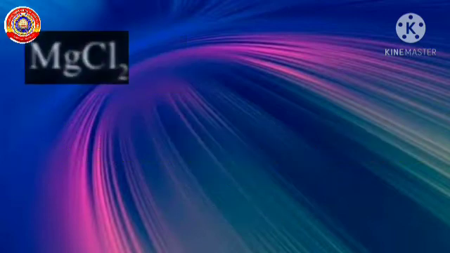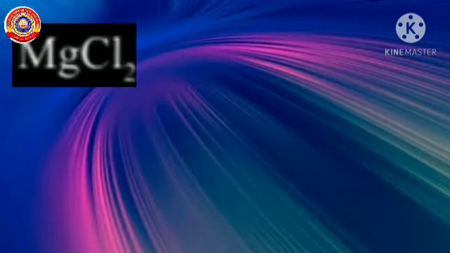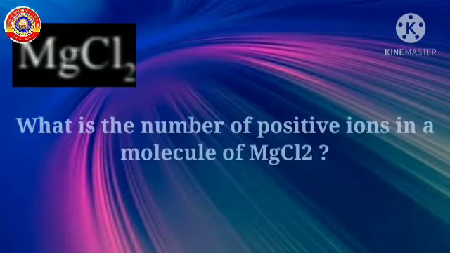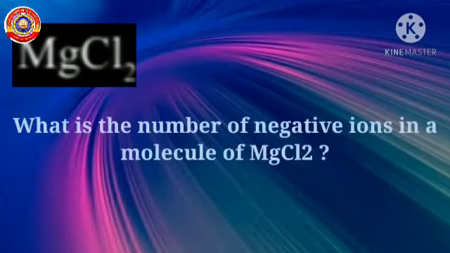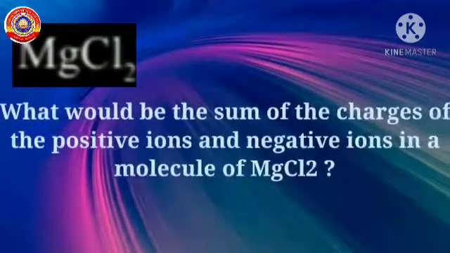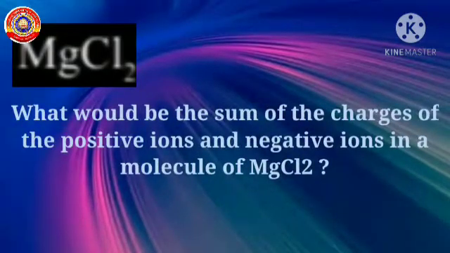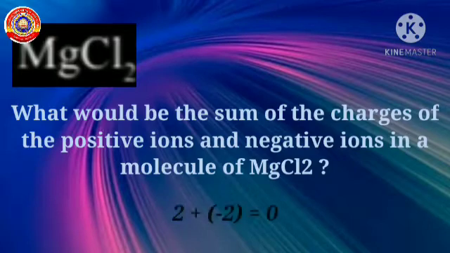Now look at another example. Magnesium chloride. What is the number of positive ions in this molecule? Yes, 2 positive ions, right? And what about the number of negative ions? Very good, 2 negative ions. If so, what would be the sum of charge of the positive ions and negative ions? Exactly, it will be 0, right?